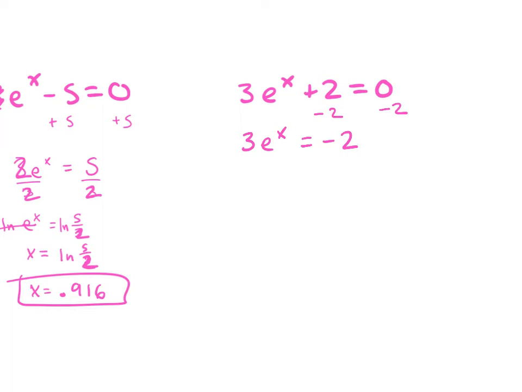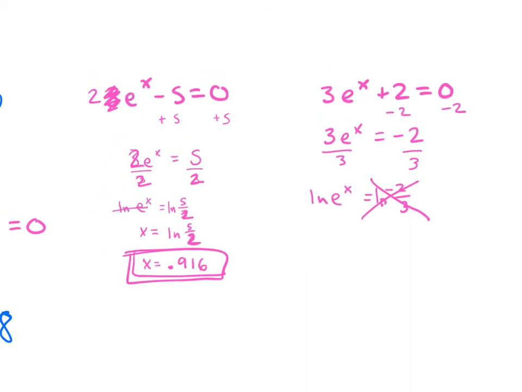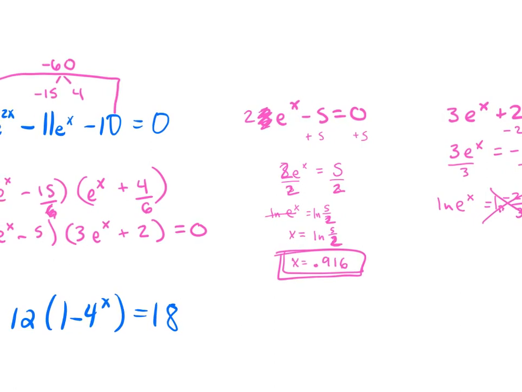Because you can't take a natural log of a negative. So we have e to the x is equal to negative 2/3. If we take the ln of both sides, this doesn't work. So we only have one answer here, so it would just be 0.916. So our only answer here is this one.